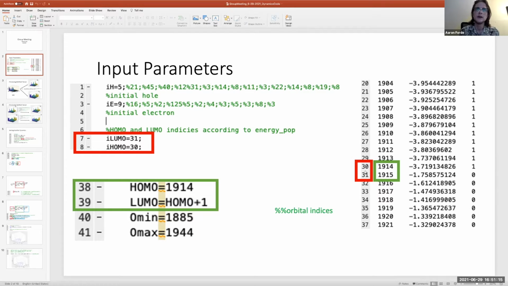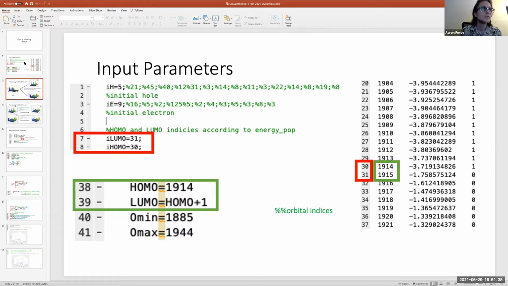They're the indices that MATLAB reads for those orbitals. And then you also have to change IH and IE, like we've seen earlier. Those are really the only parameters you have to tune for most situations. And so that's the beginning of the file.